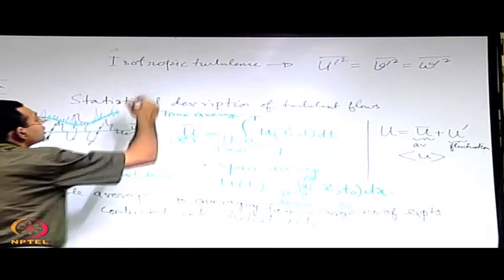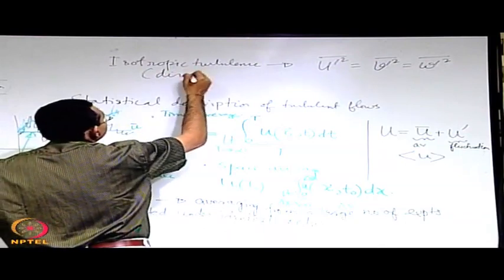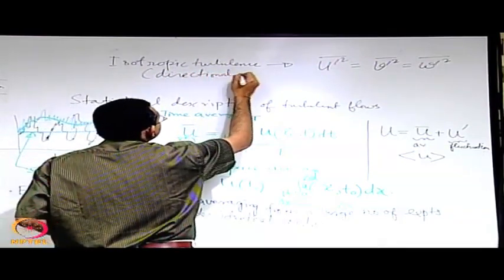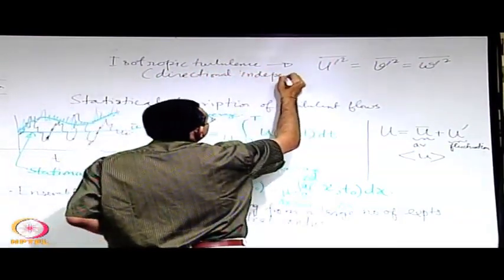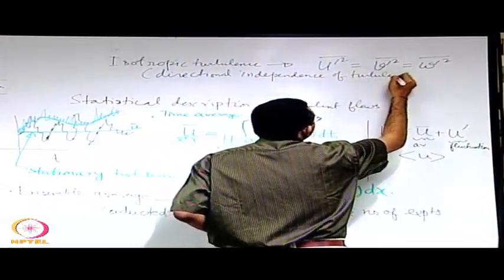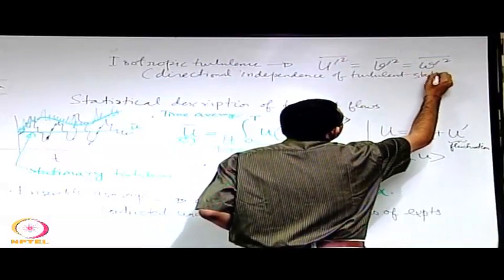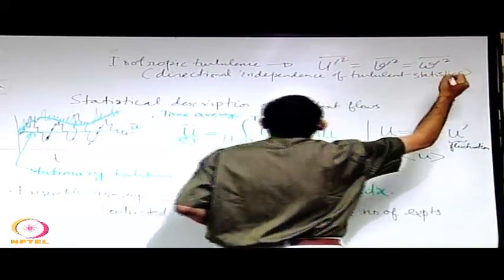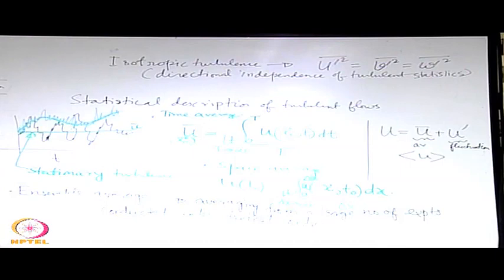So this is directional independence of turbulent statistics. Why is the directional independence of turbulent statistics going to be important? Because it may enable us to simplify certain considerations when we are mathematically modeling a turbulent flow.